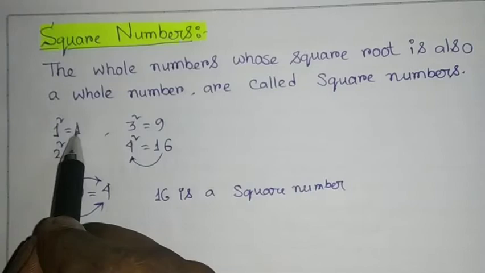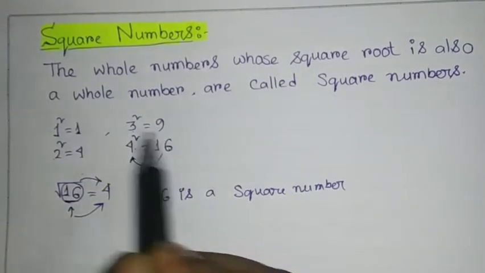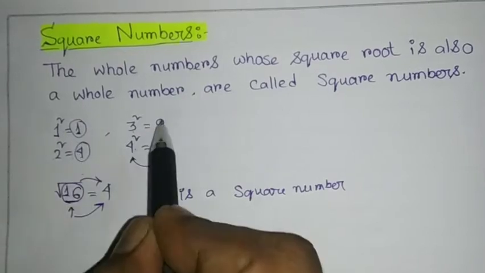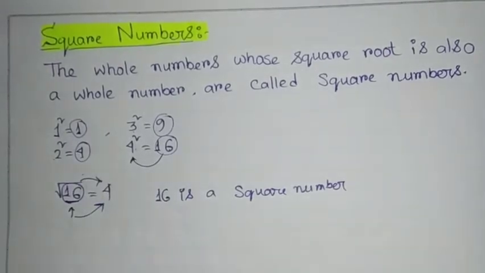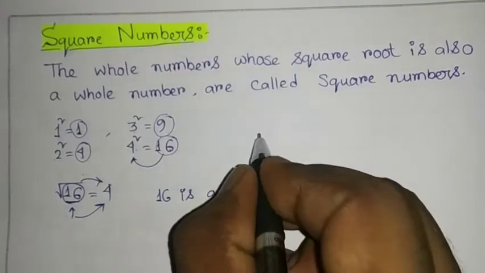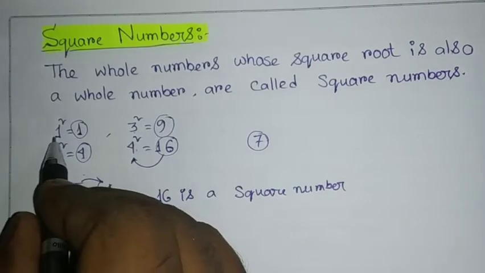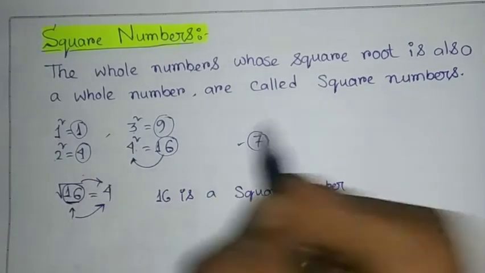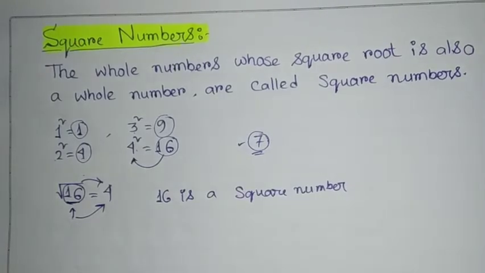Suppose 1 square is 1, 2 square is 4, 3 square is 9, 4 square is 16. That is 1, 4, 9 and 16. These numbers are square numbers. But if I tell you 7, can you find it by squaring any number? No, that means 7 is not a square number.